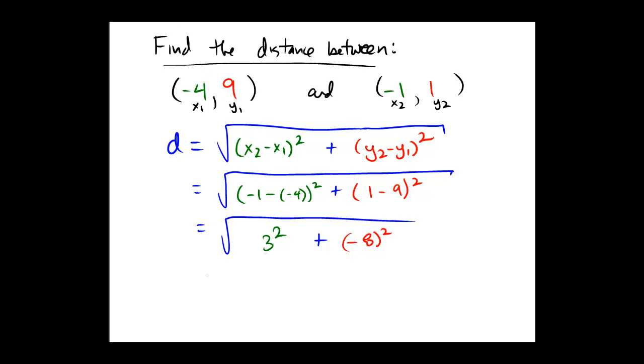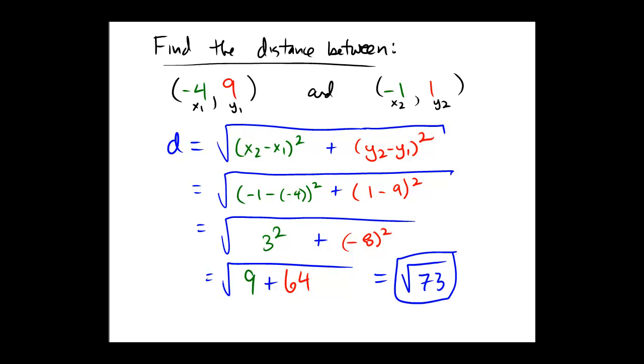This would then be equal to 3 squared is 9, and 8 squared, or -8 squared for that matter, is 64. And so the final answer to this problem would be the square root of 73.